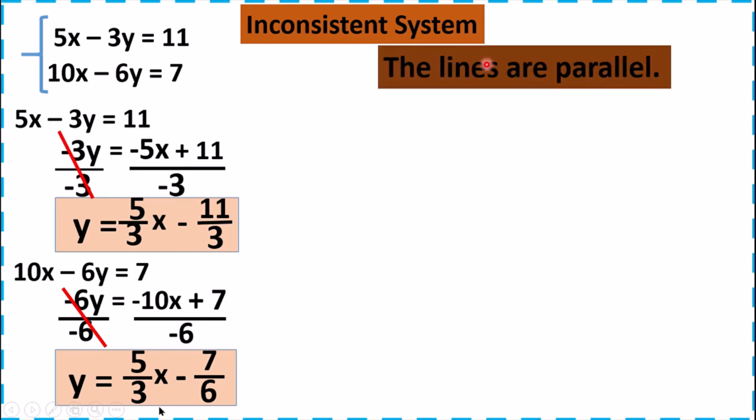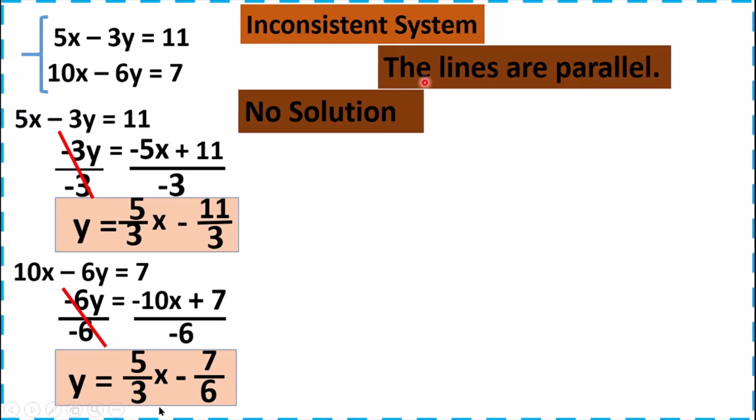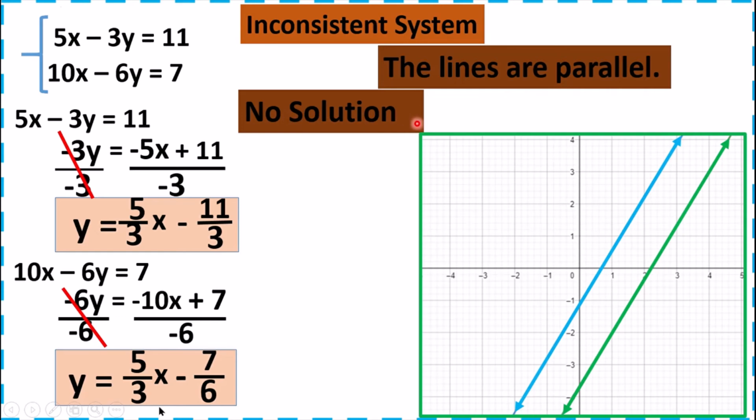So, the lines are parallel, then it has no solution. Kasi pag parallel line, no solution. Okay, so ito yung graph ng ating system of linear equations in two variables. So, yung color green na line, ito yung graph ng 5x minus 3y equals 11. Then, yung color blue naman, 10x minus 6y equals 7.